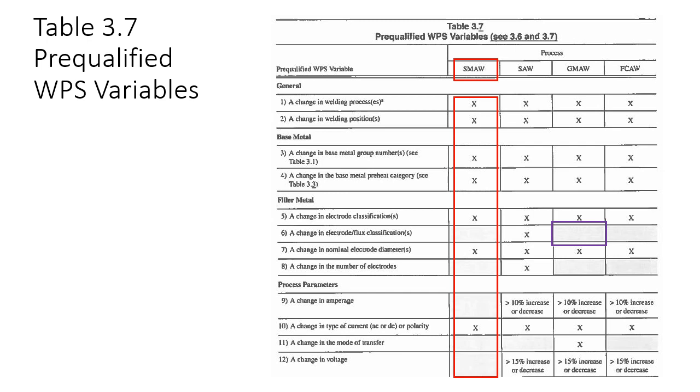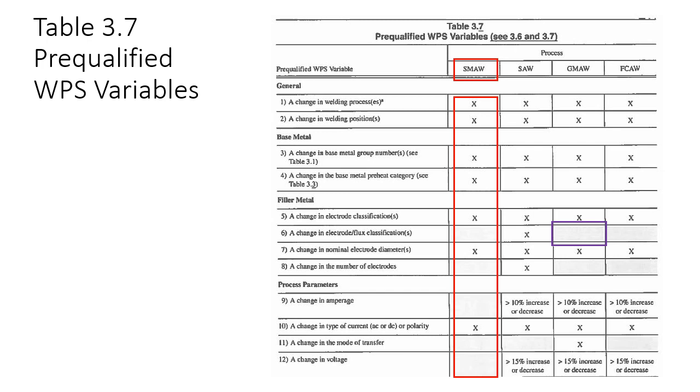But in gas metal arc welding, if I'm going to change from spray to short circuiting, I've got to write a new WPS. And if I'm going to go to short arc, I've got to qualify the procedure. So I can't use pre-qualified. Just a lot of different things.